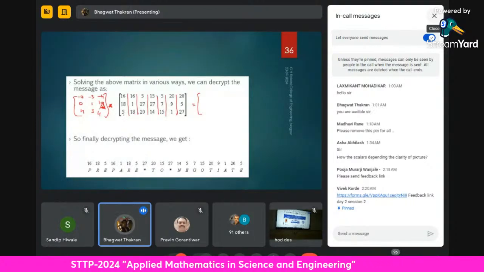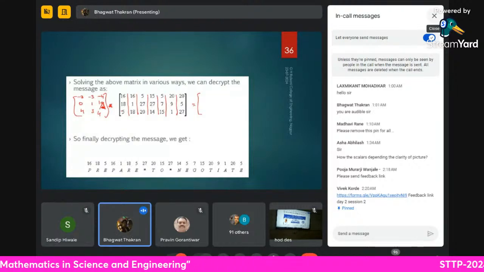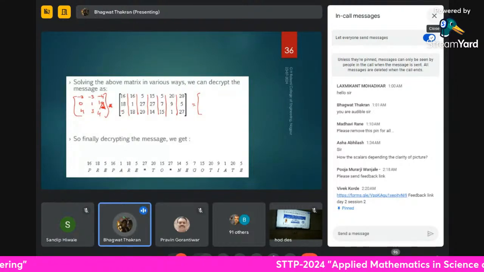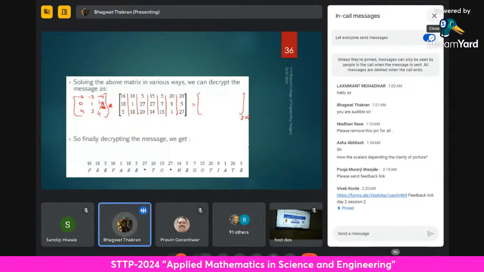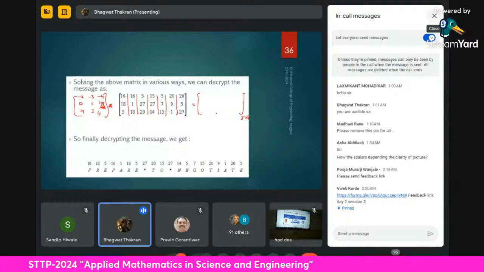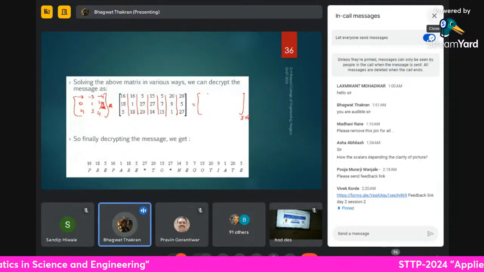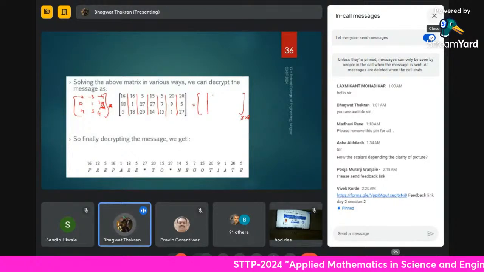Now remember, you can take the product of these complete two matrices, which results in a matrix of order 3 by 7. It will be a 3 by 7 matrix. And further, I need to concentrate only on the first column, because we are taking the column space.